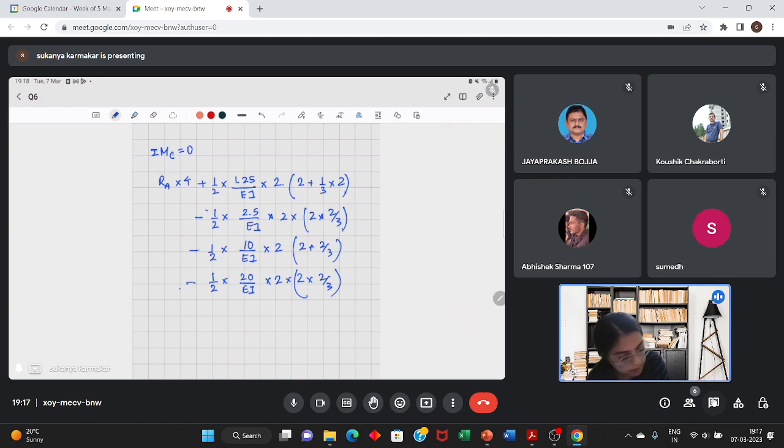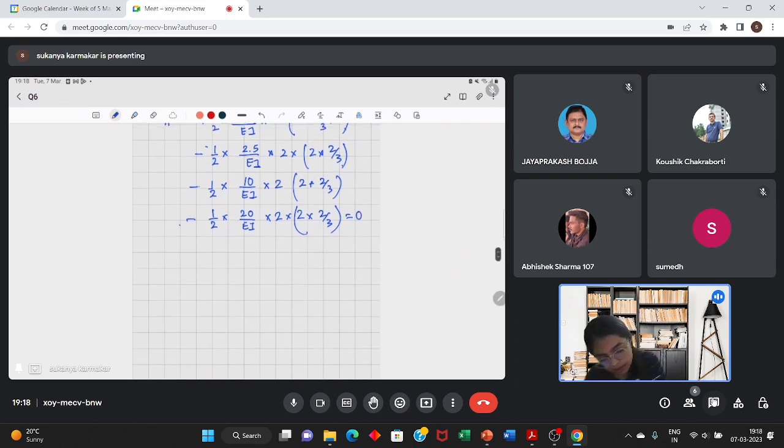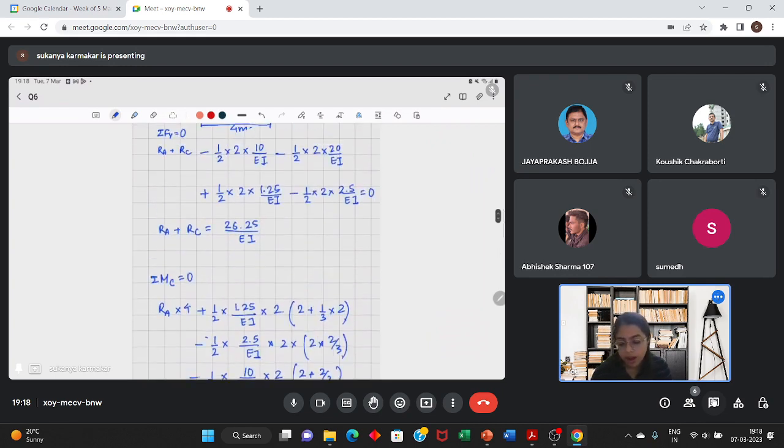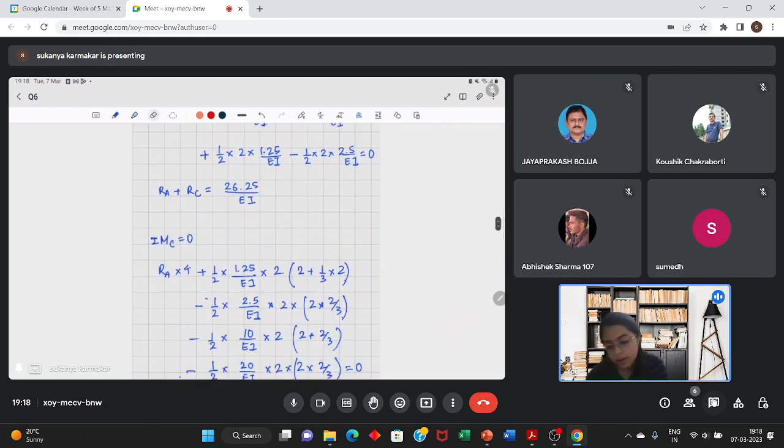This again is the lever arm. This is equal to 0. So from here you will get RA is equal to 40 by 3 EI, and from here you will get RC. Use this equation that RA plus RC is 26.25.